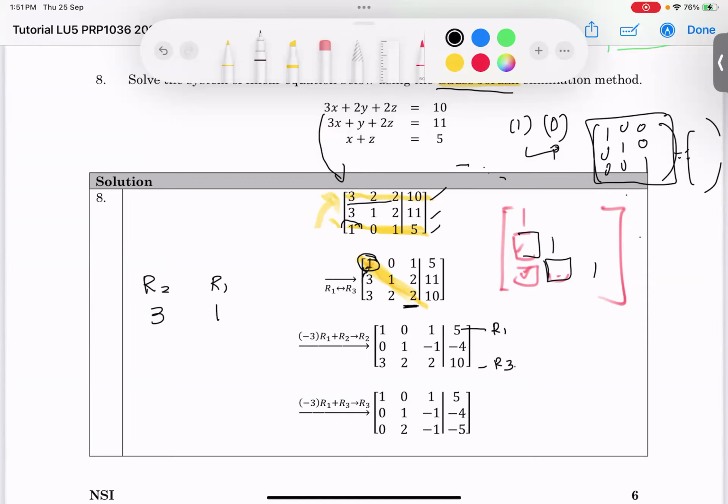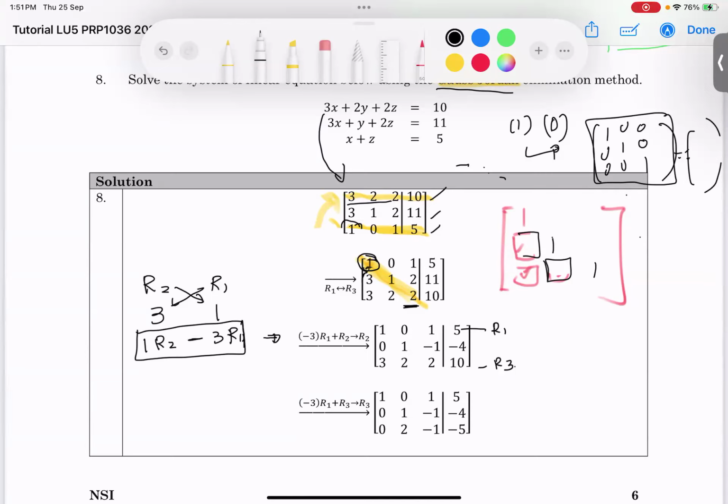Now I try to slow down. So now we cross multiply. R2 multiplied by 1 becomes 1 R2, and 3 multiplied by R1 becomes 3 R1. This is the instruction that you found here. And then always minus.